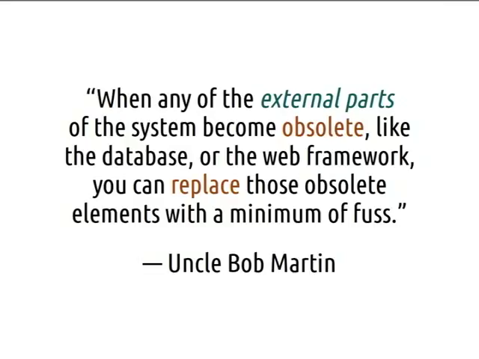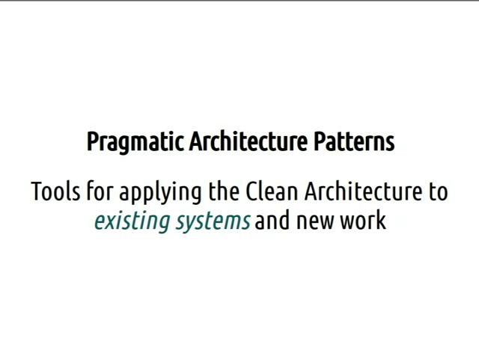And Lars showed a great example of this in his talk about how it was very easy, because these systems were connected using very loose connections. It was easy to just take one piece out and put another piece in. Cue R2D2. So, pragmatic architecture patterns: tools for applying the clean architecture to existing systems and new work.